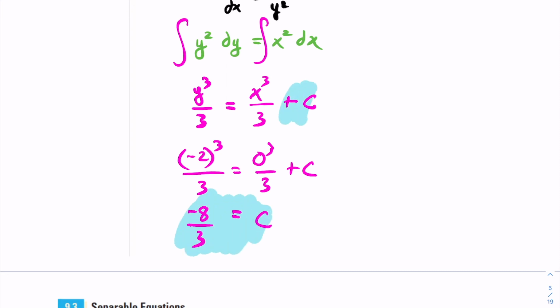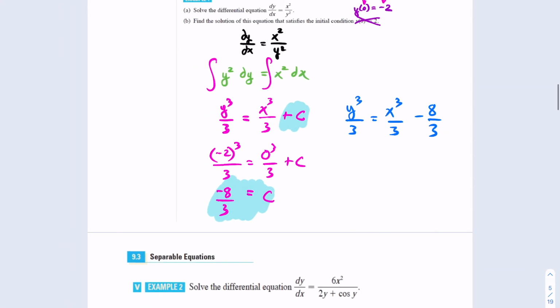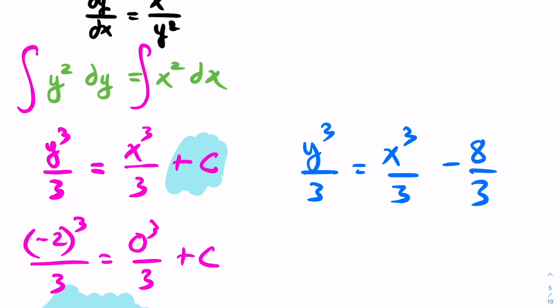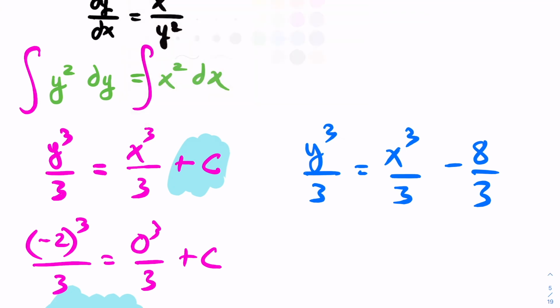Okay? Now that we have our c, we're going to plug it back in. So that's y cubed over 3 is equal to x cubed over 3 minus 8/3. That's our c value here, okay? So we separated, we integrated, we found c, and now we isolate. So we got to get y by itself. So we're going to first multiply by 3.